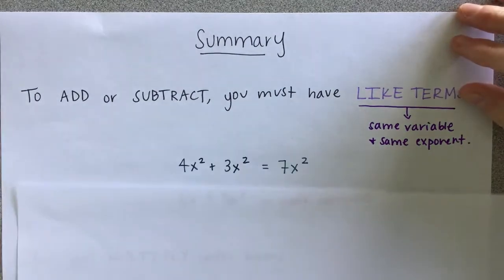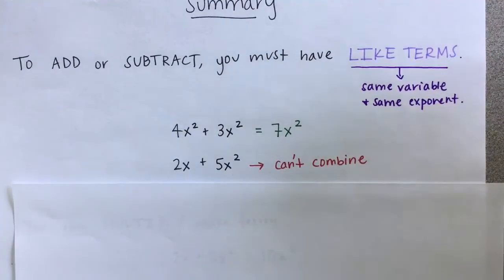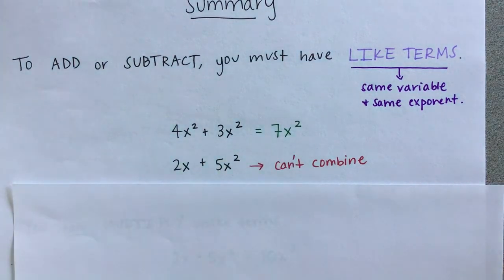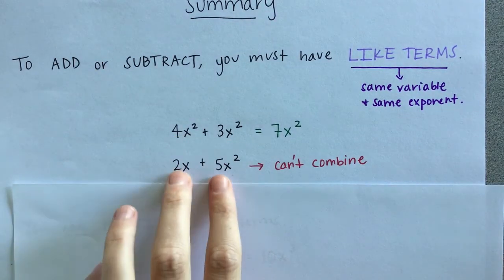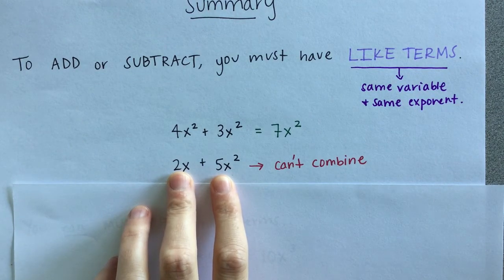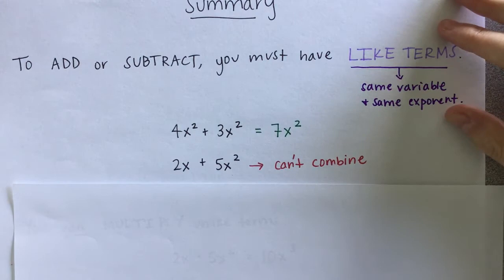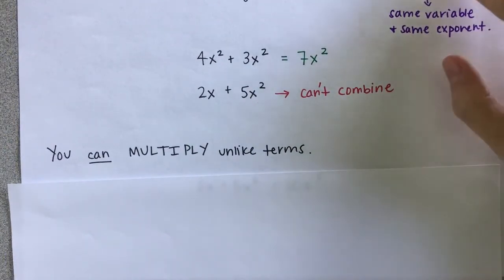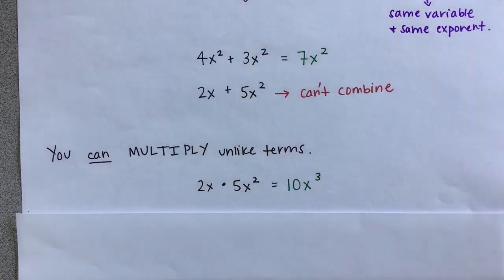And so some examples that we looked at, we can add 4x squared and 3x squared, which would be 7x squared, because those are like terms, whereas these have different exponents, and so we can't combine them. They are unlike terms. However, you can multiply unlike terms. And so the example that we looked at there was something like 2x times 5x squared, which you can multiply together to get 10x cubed.